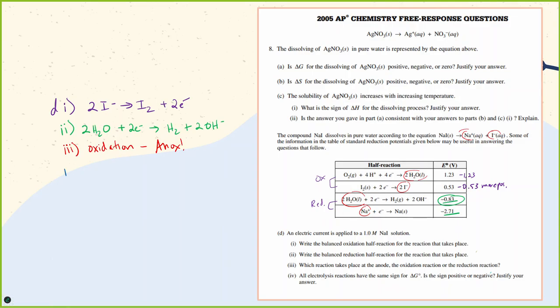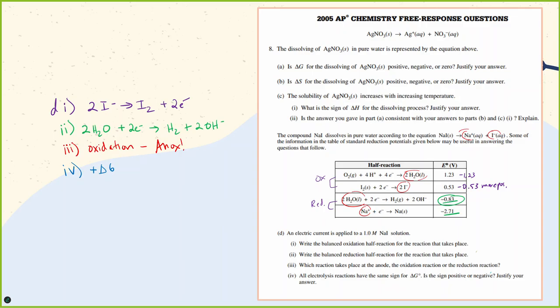notes. If you're looking at part 4 here, all electrolysis reactions have the same sign for delta G. Delta G is always positive for electrolysis because it is attached to a power source that applies electrical current. So it requires an outside energy source in order to run.